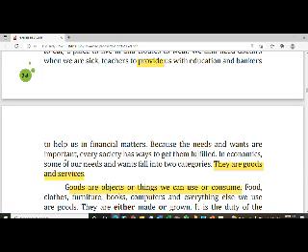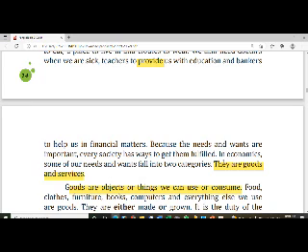Important means முக்கியமானது. Every society has ways to get them fulfilled. Every society, எல்லா சமூகத்திலேயும் there is a way to get them fulfilled. If we have needs and wants, there is a way in our society to get them fulfilled, okay?